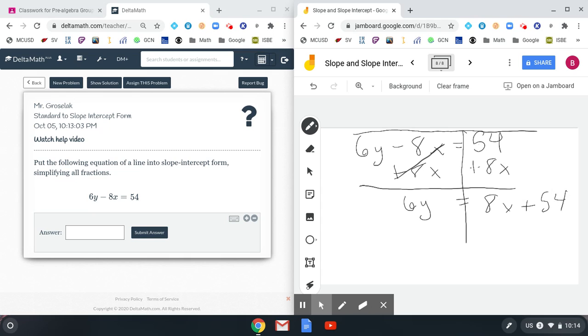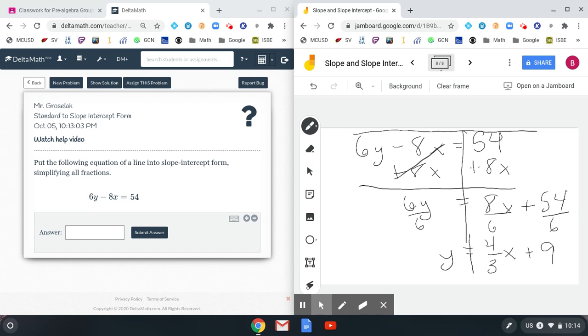And then the last thing I need to do to get y by itself is divide by 6. And remember, we're dividing the whole left side by 6, so we've got to divide everything on the right side by 6. Then I'm going to simplify. 8 over 6 simplifies down to 4 over 3x plus 54 divided by 6, which gives me 9.